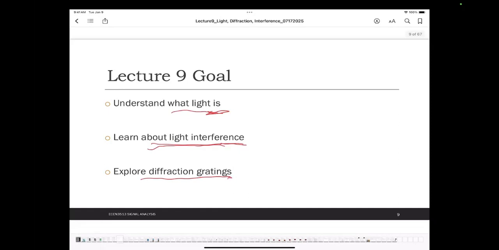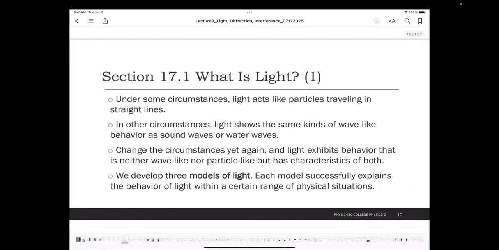Okay, let's continue. Firstly, let's talk about what is light. When you think about light, many things will pop up in your mind. Under some circumstances, light acts like particles traveling in straight lines.